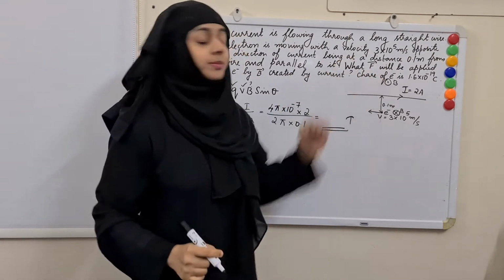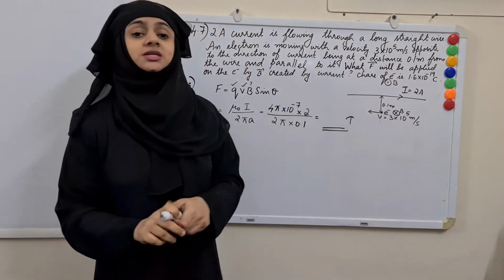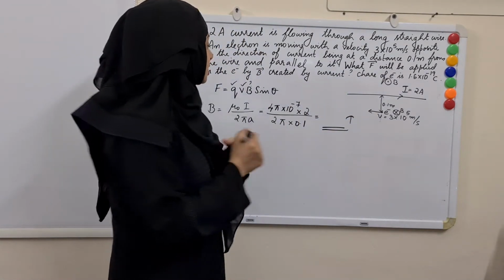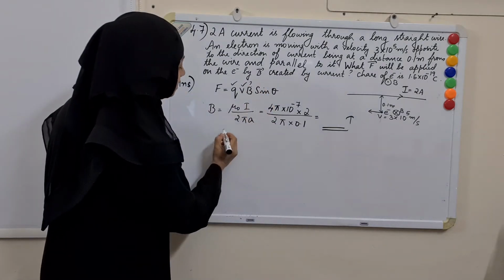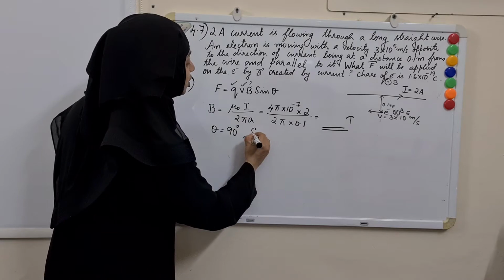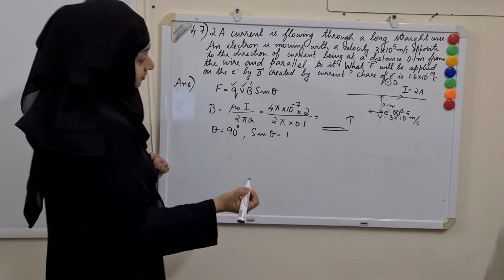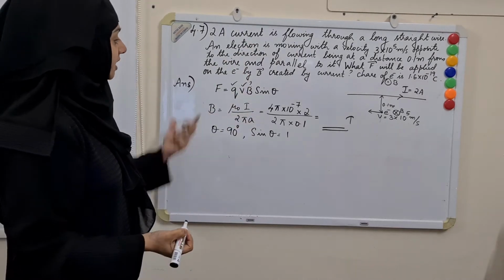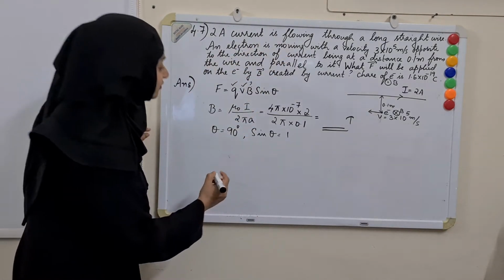So wherever the electron may be, the magnetic field makes an angle of 90 degrees with its velocity. So here we can put theta is equal to 90 degrees. Therefore, sin theta is equal to sin 90, which is 1. So we got all the values. So we can directly substitute and find the value of force.